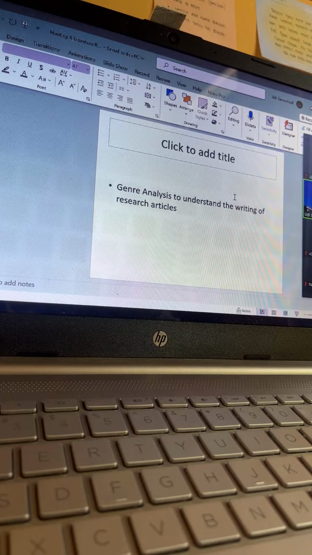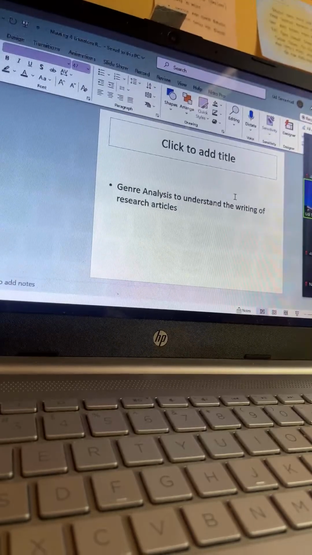Okay, while for example in the literature review, we combine simple past because we refer to previous studies and simple present. So that's what we mean by doing genre analysis. So genre analysis is basically about understanding how each section in a research article is written.